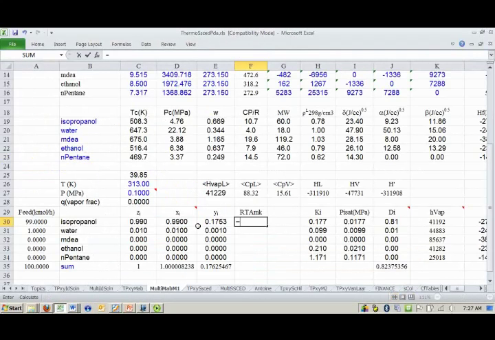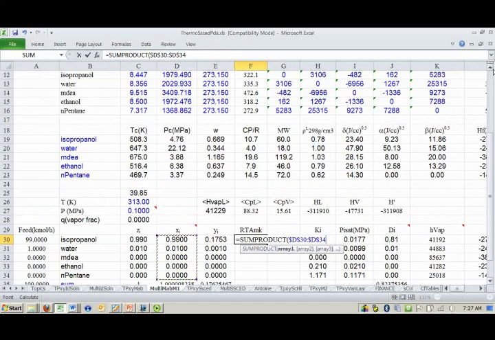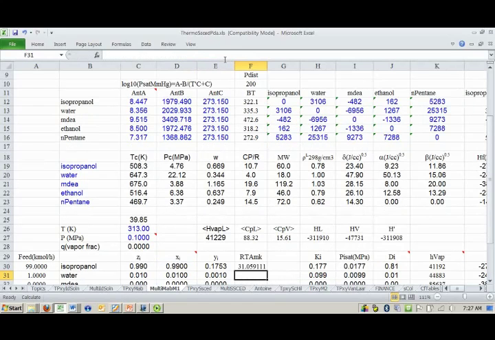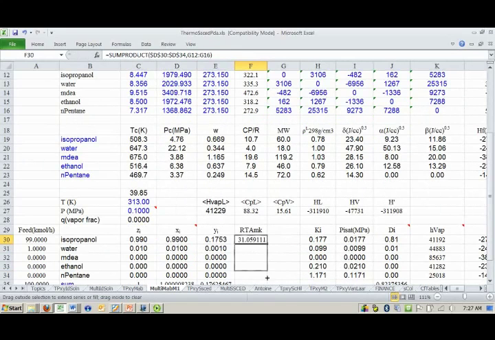So I need to take the sum product of the x's, and I don't want those to change, with the aij's. Now here's a tricky thing, because those numbers change in a slightly unpredictable way, where the just simple copy function doesn't work.